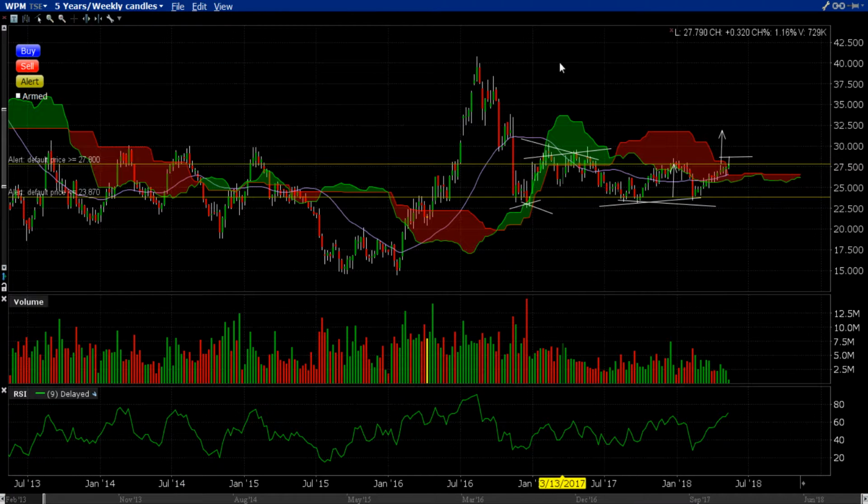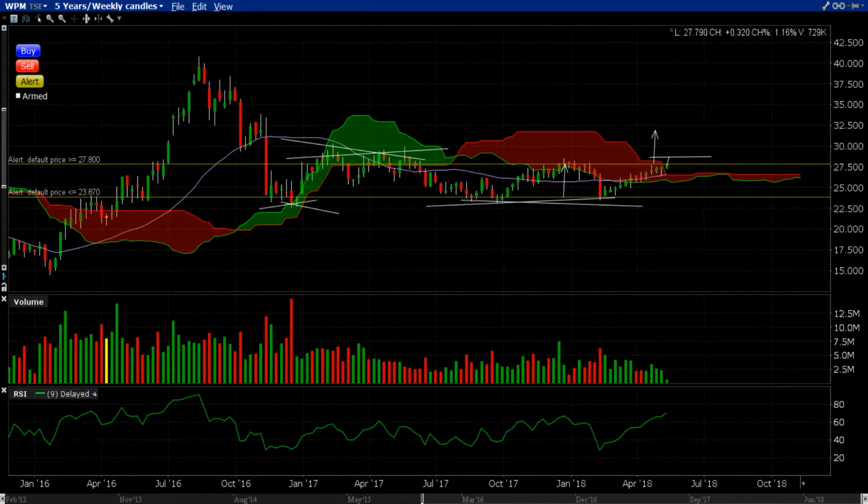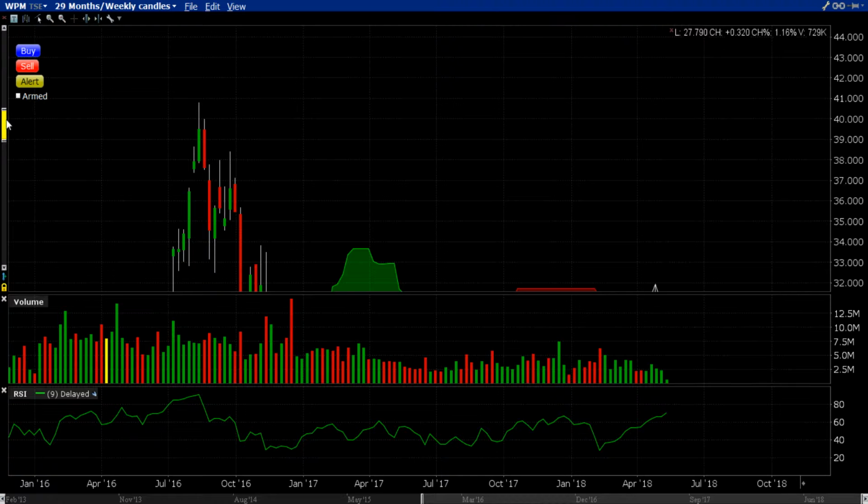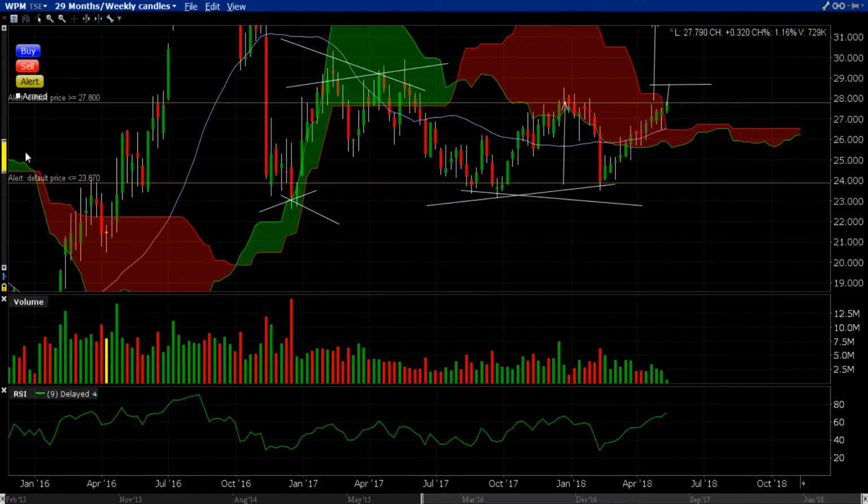All right. Anyways, we know that we have the 27.80 level that we want to close above on the monthly, and on the weekly, sometimes it coincides, sometimes it doesn't. And let me zoom. On the weekly, Stan likes having a horizontal breakout line. And we have it right about here, just a little higher.